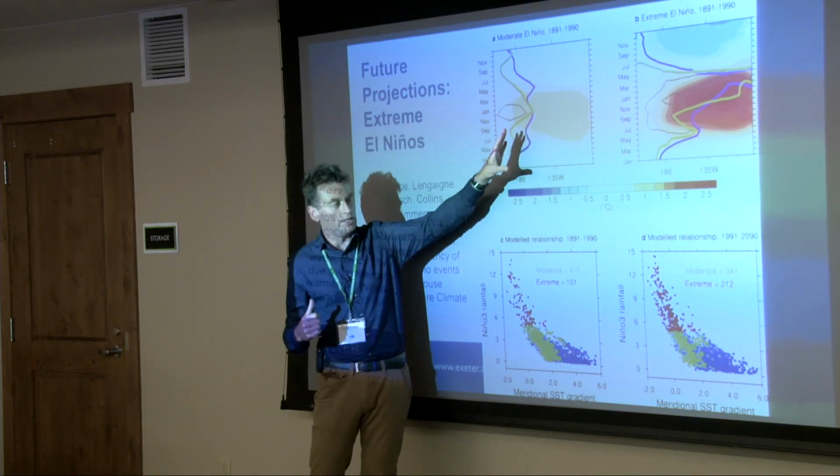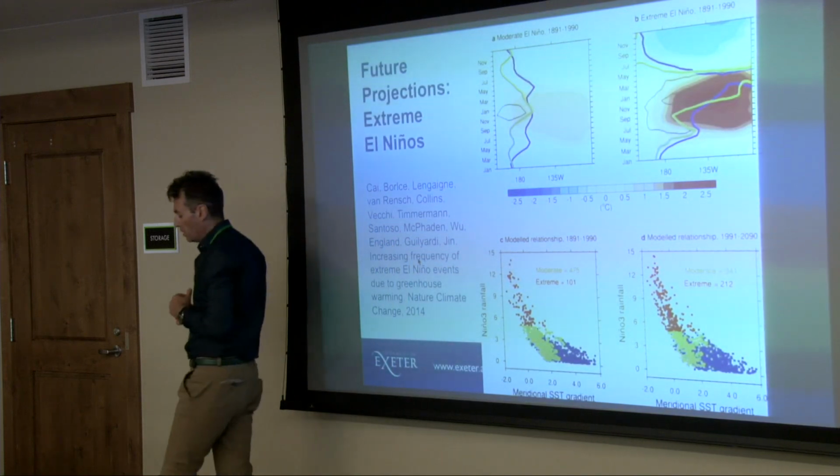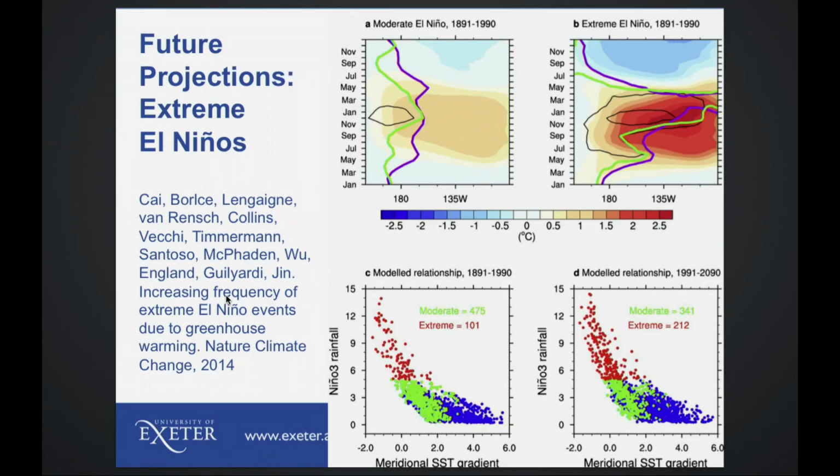These extreme El Nino events, and if we look in the models, those models which can produce these extreme events in the present day, how do they do in the future? Well, they get an increase in the frequency of these extreme El Nino events.